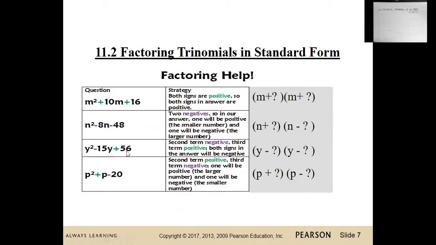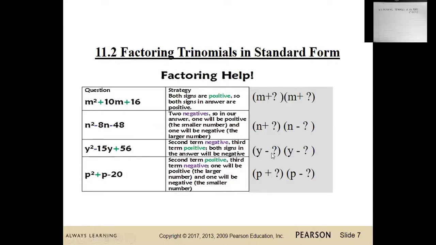You look at this one here, and you remember the first one, everything's positive. The last number's positive here too, but that middle, that second term is negative, and what that means is they're both going to be negative. So if everything's positive, they're both positive. If this term's negative and this is positive, then these 2 are going to be negative. Because how does that happen?